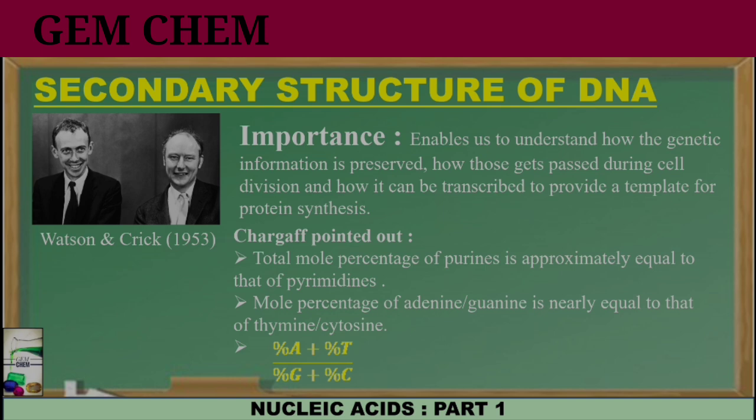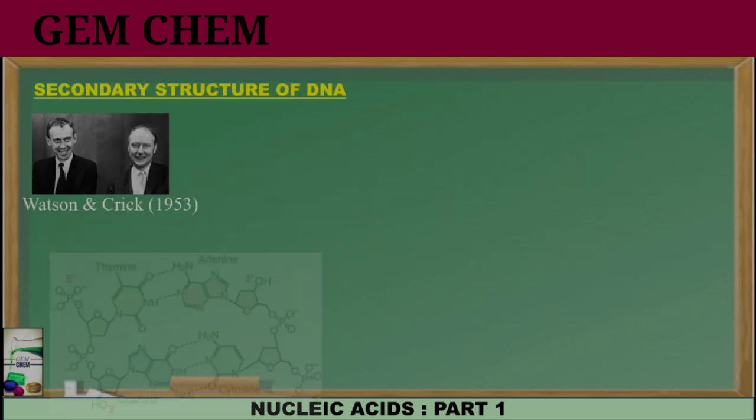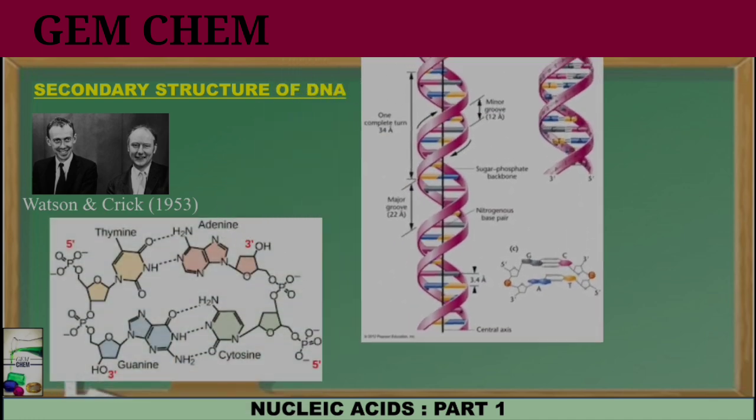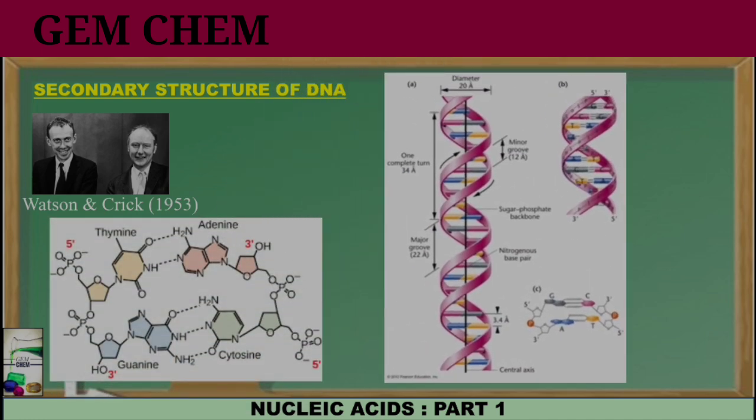So what is the basic feature of the Watson-Crick model? First, DNA generally consists of two antiparallel strands. One is running in the 5' to 3' direction and another in the 3' to 5' direction, and they wind up in a right-handed manner around a common axis.